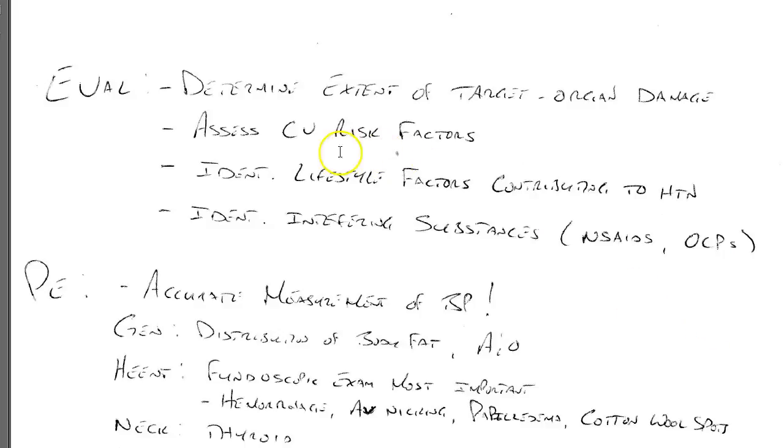And again, our main goal here with evaluation, we're trying to determine the extent of target organ damage, assess the cardiovascular risk factors, identify the lifestyle factors contributing to it, and identifying any interfering substances, primarily medications, not just prescription, but over-the-counter as well. Other ones to consider, of course, NSAIDs and OCPs, your biggest offenders that I've talked about.